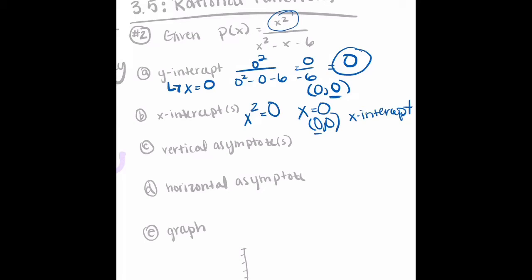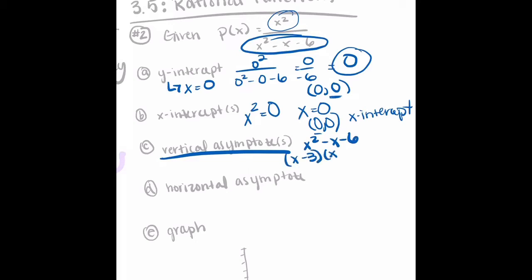And for our vertical asymptotes, you're really going to be looking at the bottom. So here we have to factor x squared minus x minus 6. So we get x minus 3 and x plus 2. So our vertical asymptotes are at x equals 3 and x equals negative 2.